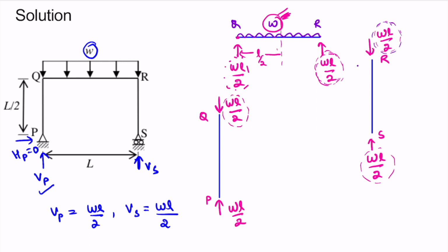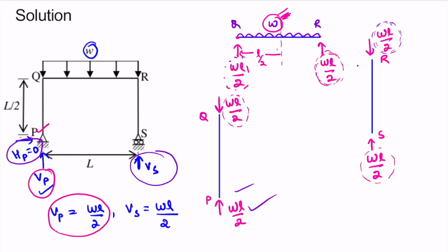We can also verify here if we see the joint P. There is VP which has the value WL by 2, and we are getting the same value from the free body diagram as well. There is HP which has value 0, and we do not have any horizontal force here in the free body diagram as well.